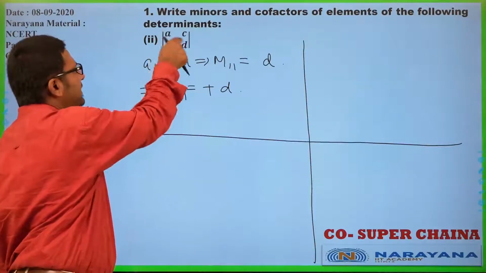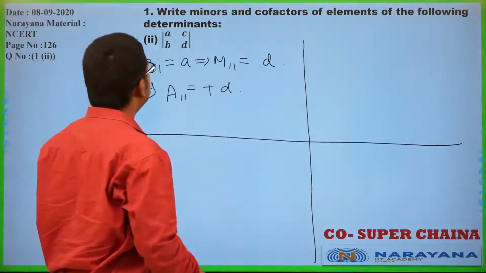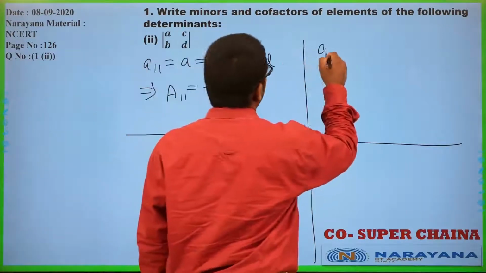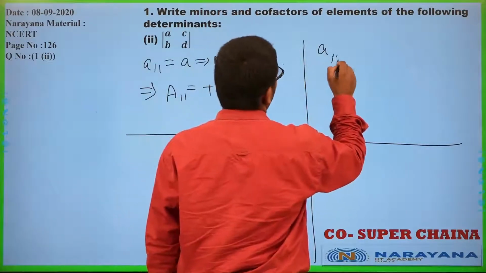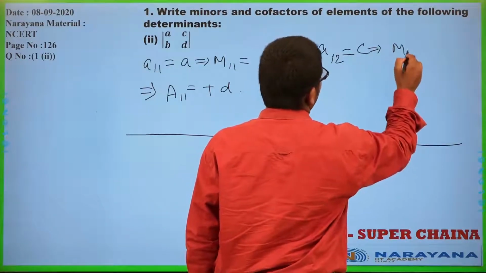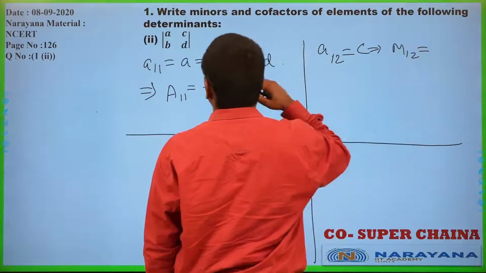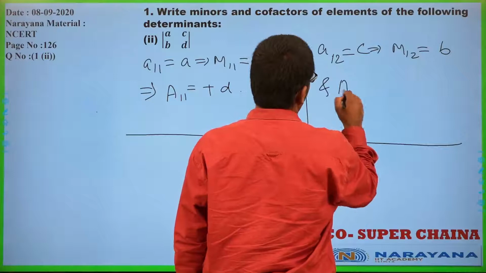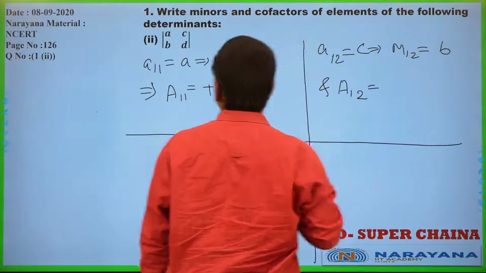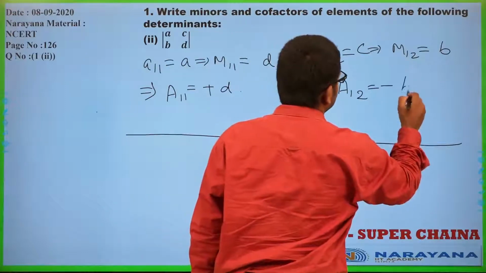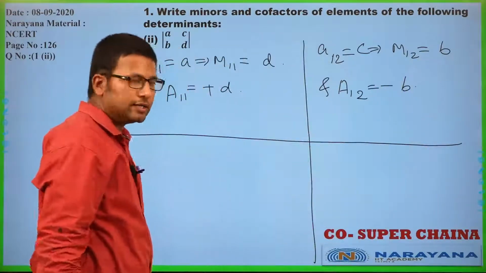Because plus minus minus plus, alright. So then A12 is the element C, therefore M12 is the element opposite to C, which is B, and cofactor A12 is plus minus minus plus, right? So minus B, got it?